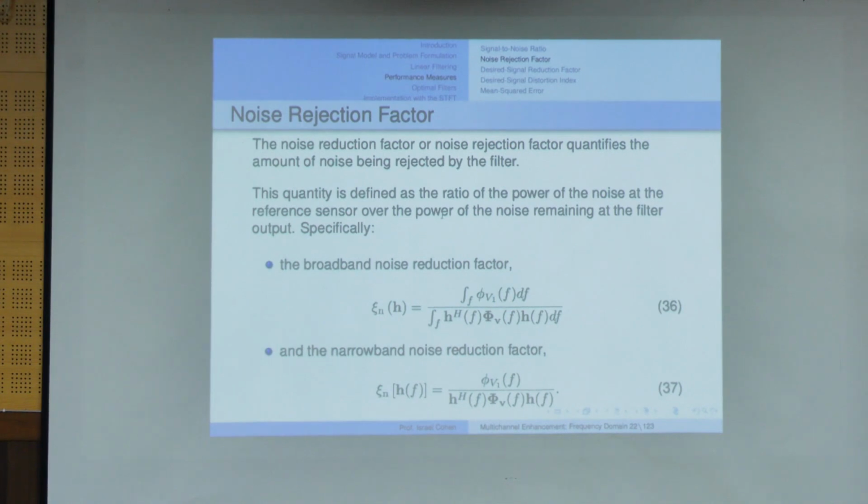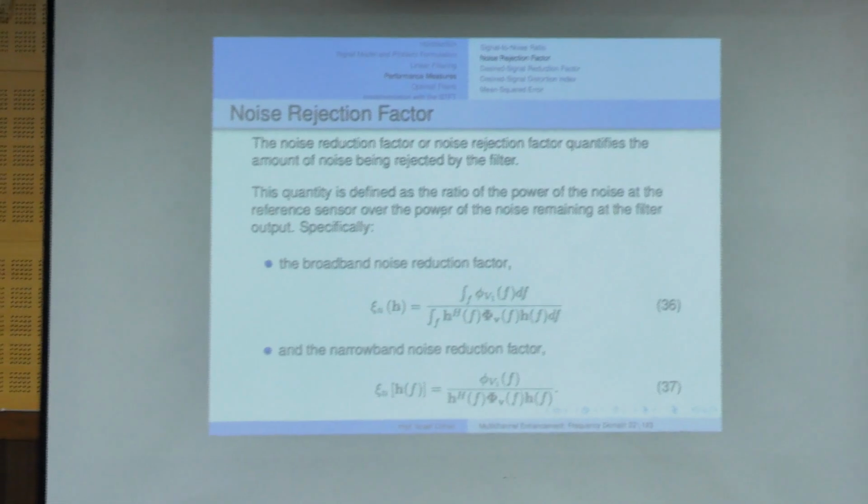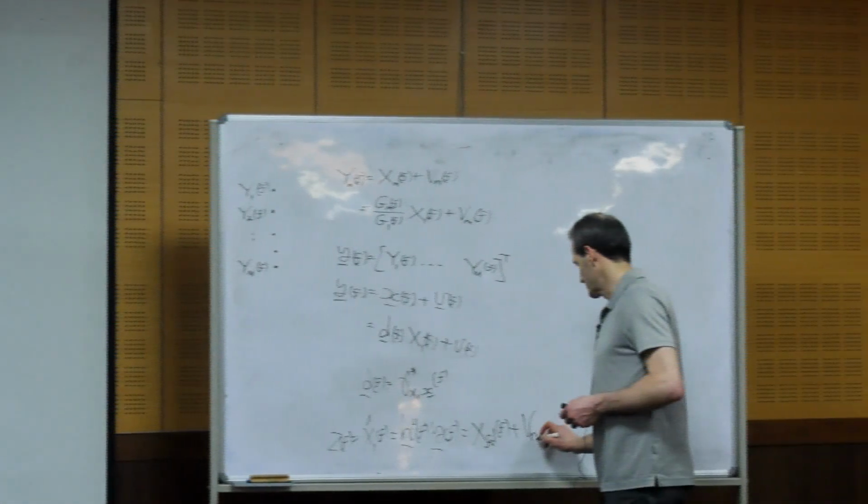Okay, so if we take this output, it contains two components because everything here is linear. So you see, working with linear filters enables us to define things which are easier to derive. We can write it as X filter desired plus residual noise.